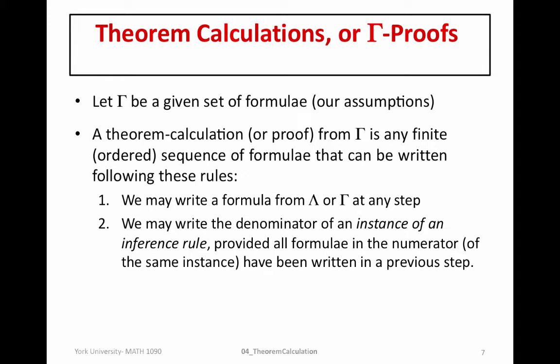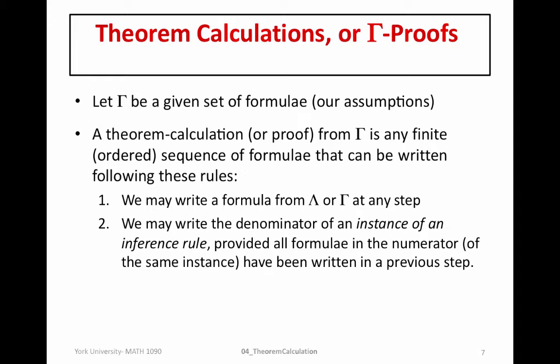So recall in the last video we defined what a theorem calculation or gamma proof is. Essentially, a theorem calculation is very similar to the formula calculation that we defined in our first class because it simply consists of a finite sequence of well-formed formulae following steps or rules. The first rule is that we can write a formula from either lambda or gamma.